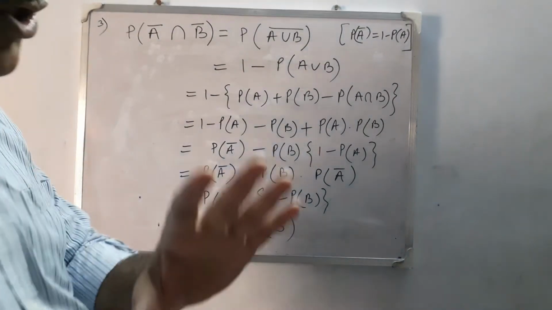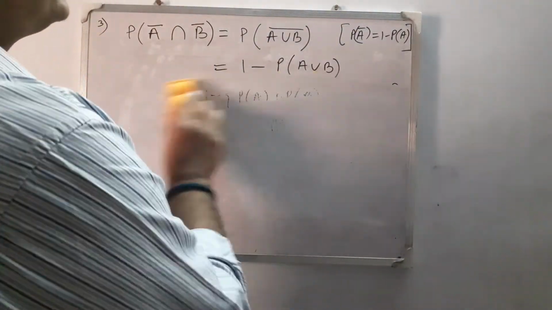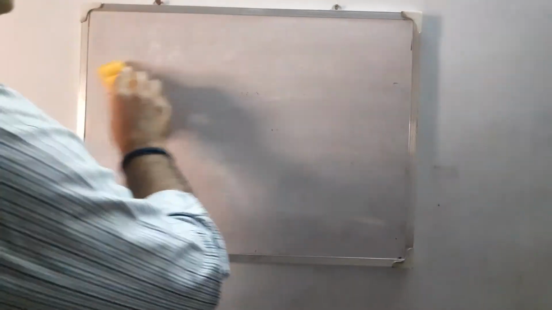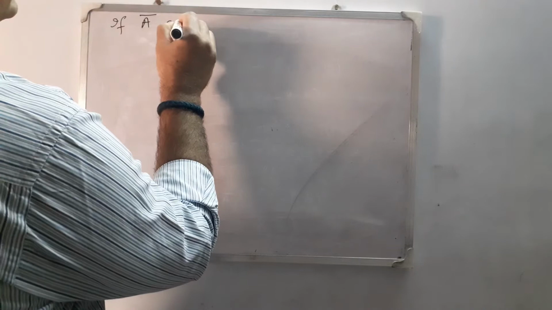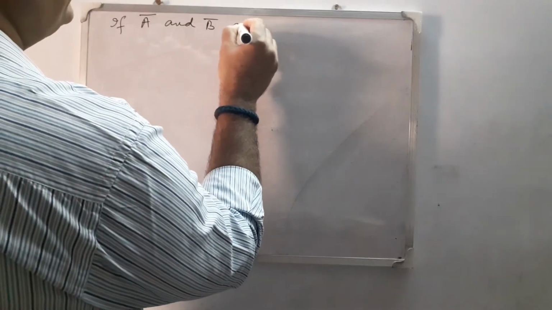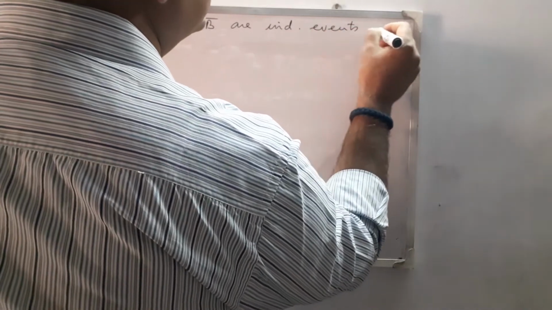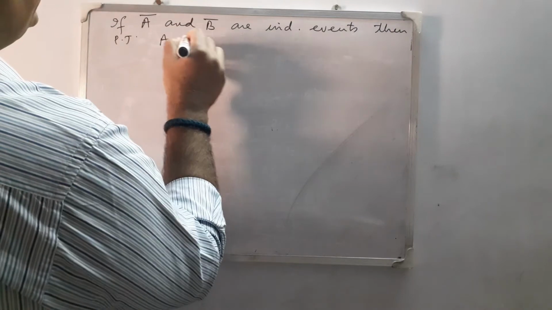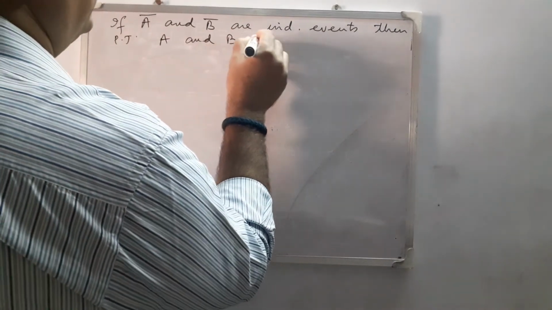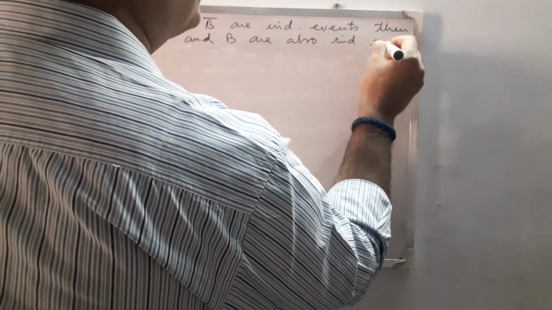So these three results you must keep in mind. And I am giving you one more problem, which is left for you as homework. If A bar and B bar are independent events, then prove that A and B are also independent events.